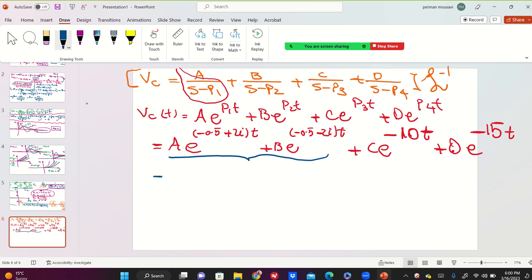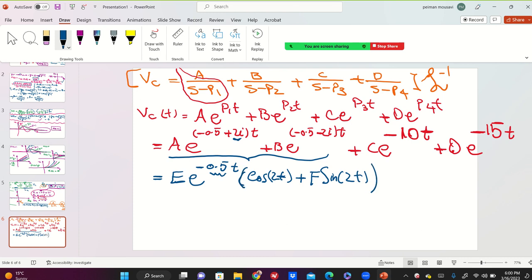So at the end of the day, as I taught you personally, you can write this as some E to the minus 0.5t, which means zeta omega n, times cosine of omega d t, where this is your omega d, 2t, remember? Plus some F sine 2t. Remember, this is the formula I taught you exactly when your system is underdamped. So this is the underdamped response.